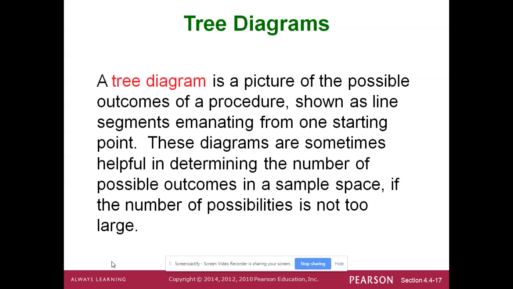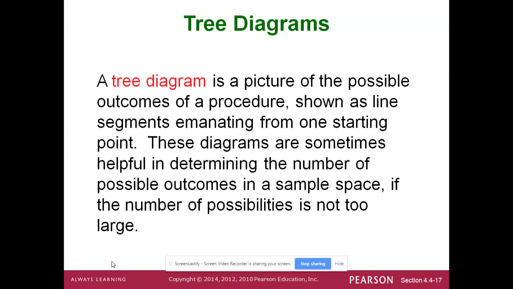All right, tree diagrams. A neat way to help us out with probability is a tree diagram. A tree diagram shows possible outcomes, kind of like a tournament bracket. We start with the first event, and then branches go off of that with the second event.